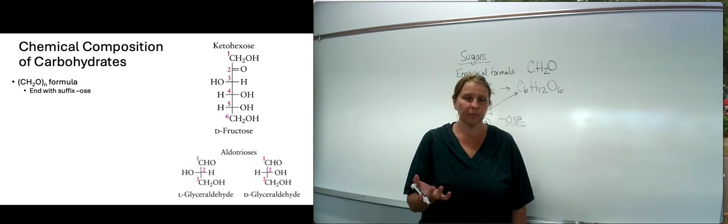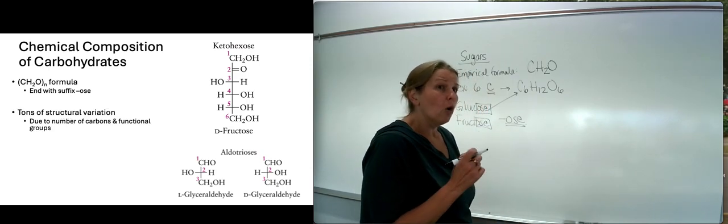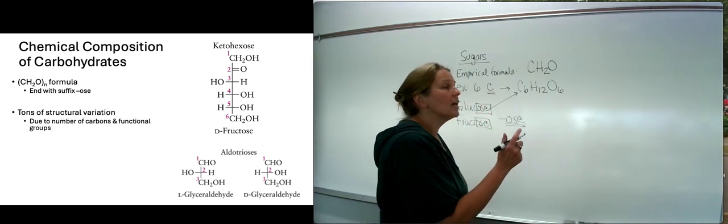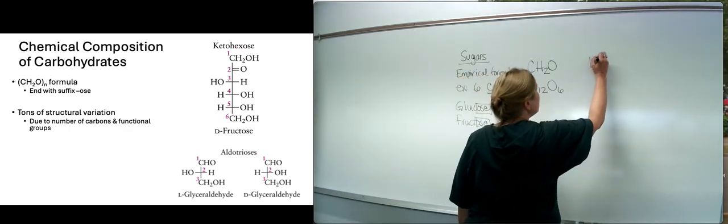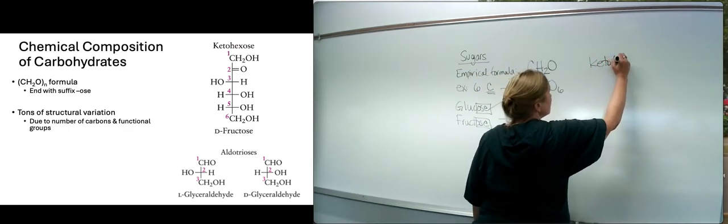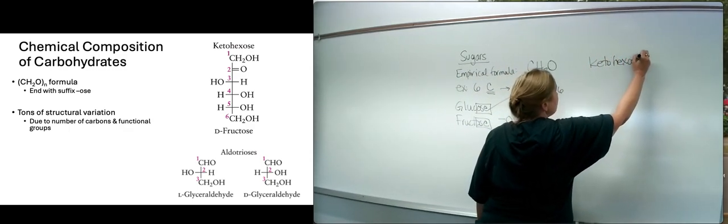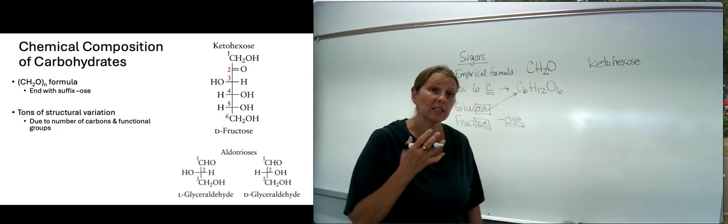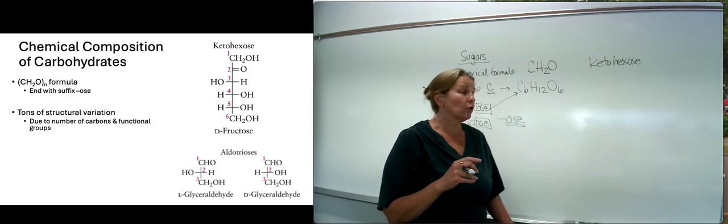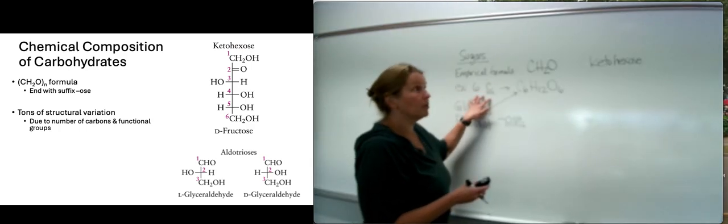If you take a look at what you can see here to the right on the slides, we have something called a ketohexose. These are two important terms that define a sugar. If you notice, we can look at the number of carbons that we have.